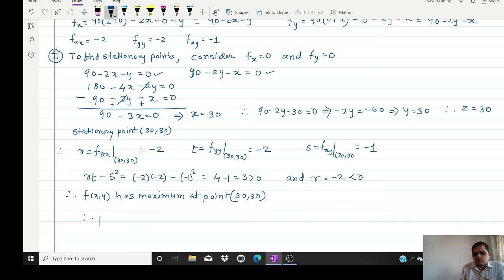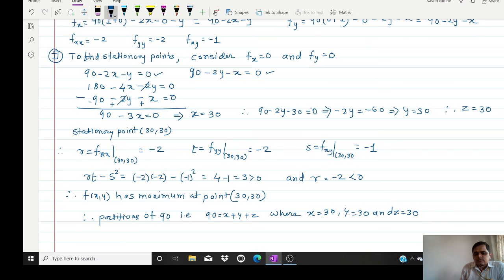Therefore, partitions of 90, that is 90 is equal to x plus y plus z, where x is 30, y is 30, and z is equal to 30.